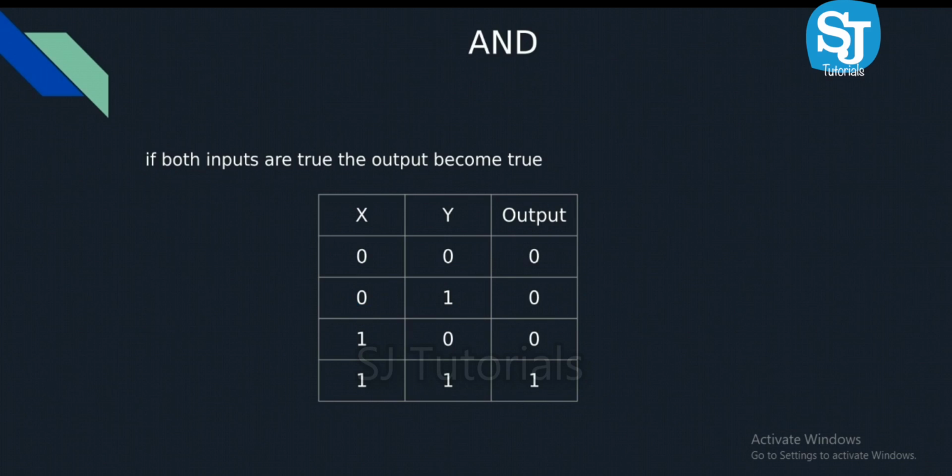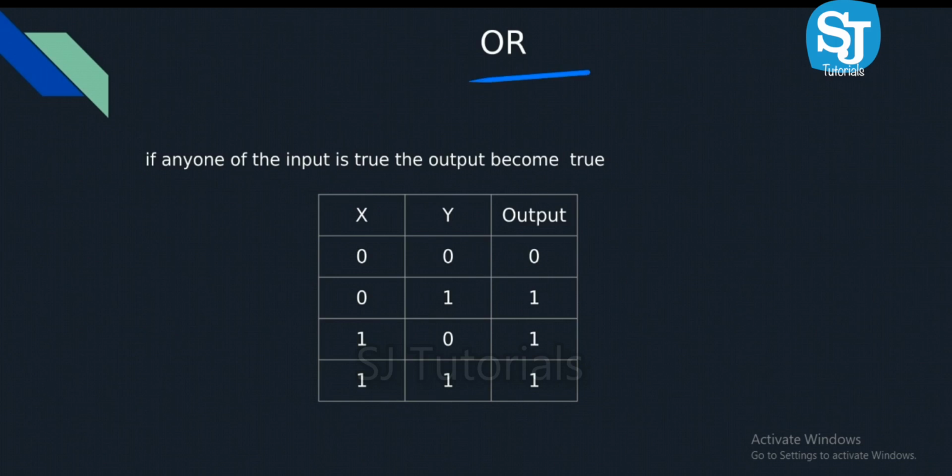The output is true only if both inputs are true. Inputs are true means 1, 1, so the output becomes 1.